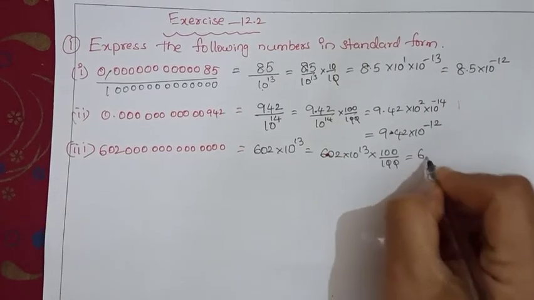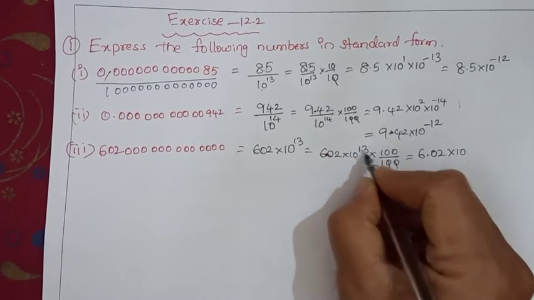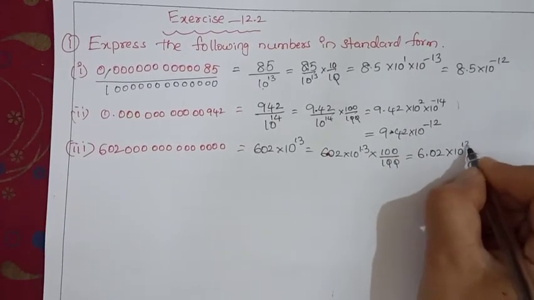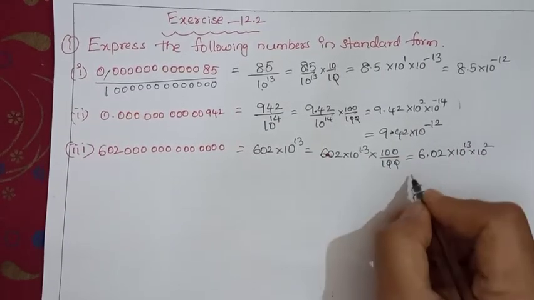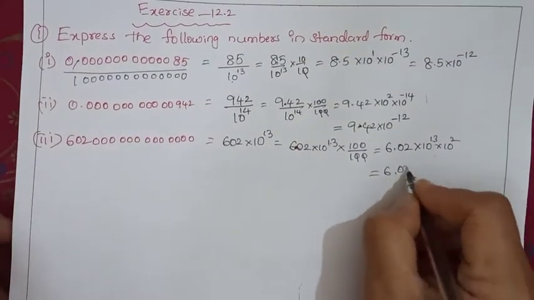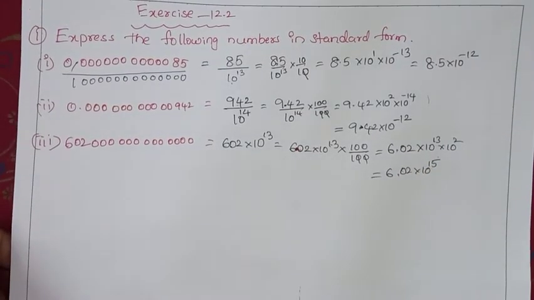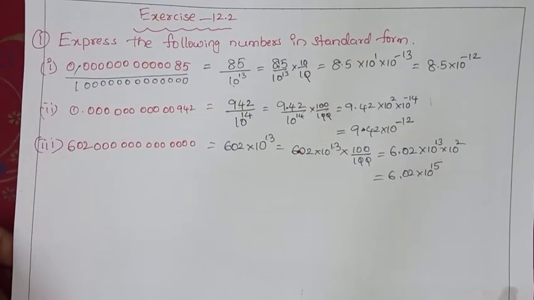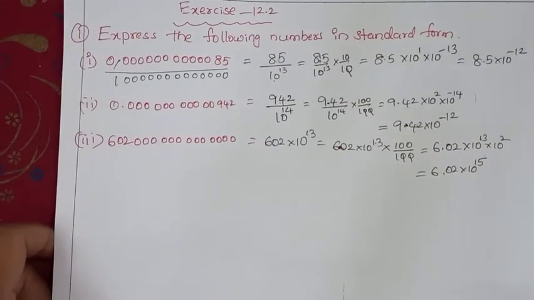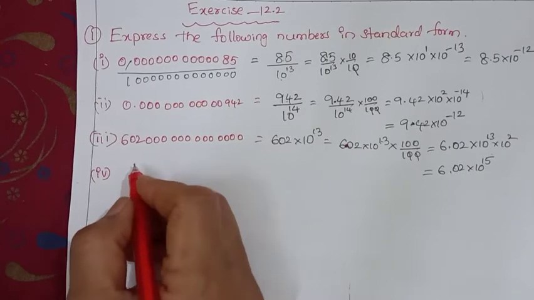So this is 6.02 into 10 to the power of 13 plus 2, 13 into 10 square. So 6.02 into 10 to the power of 13 plus 2, how much? 15. Okay, children?